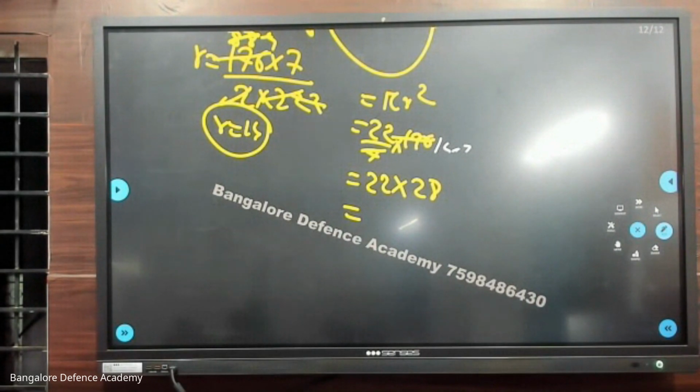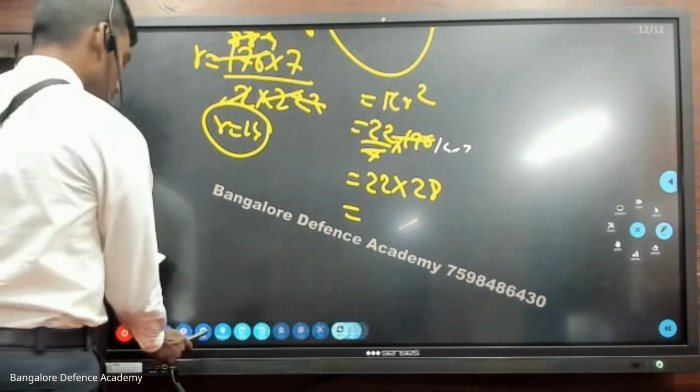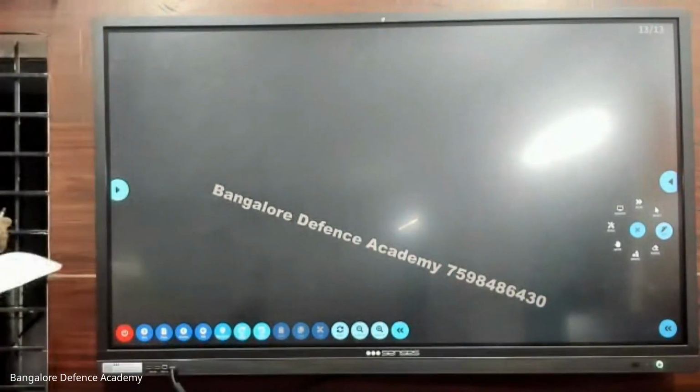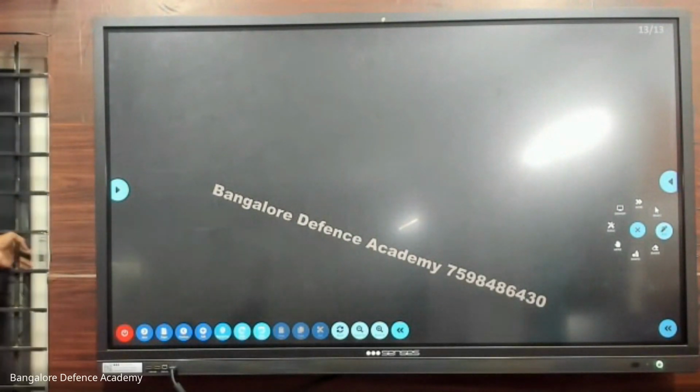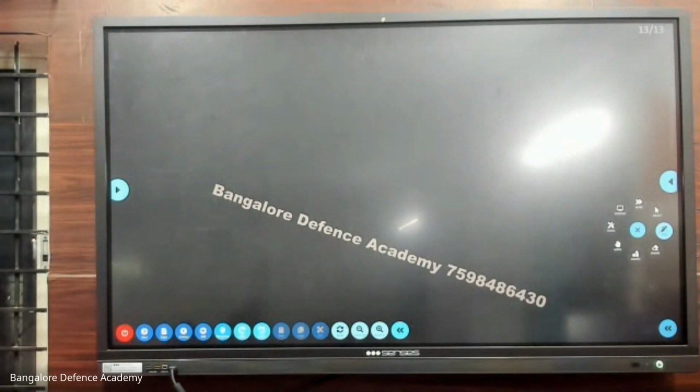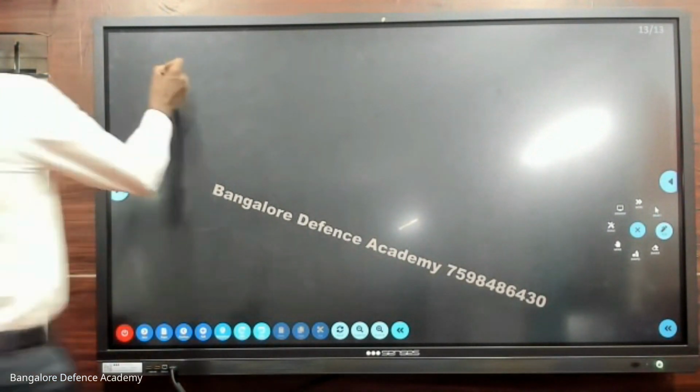Very important. The radius of the circular wheel is 42 centimeter. Find the distance traveled by it.